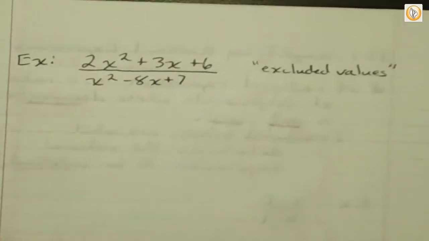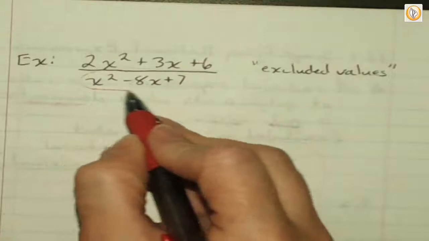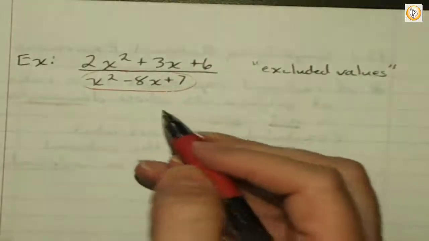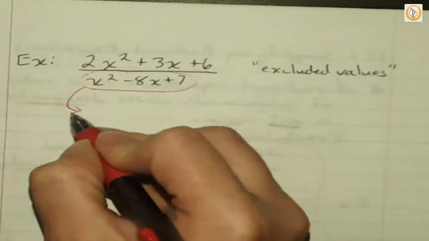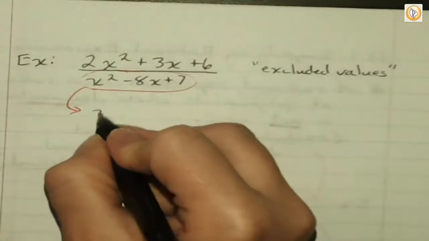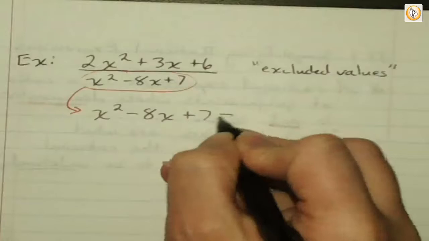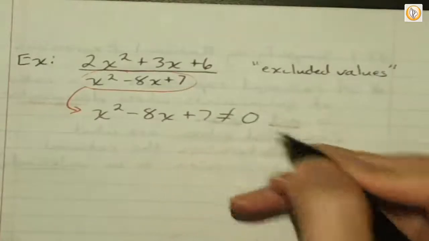Again, because we know that this cannot equal 0, we're going to take the denominator and rewrite it as not equal to 0. So x squared minus 8x plus 7 does not equal 0.